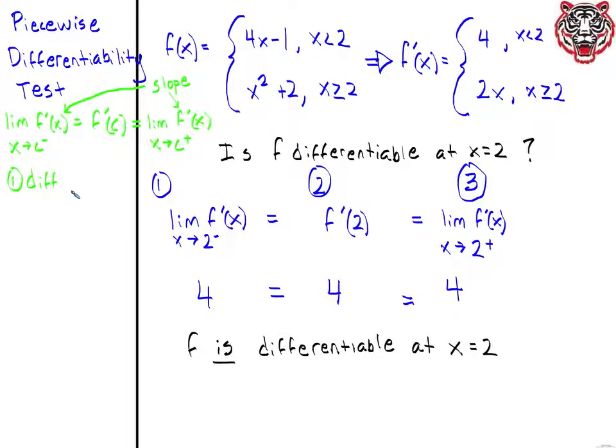This implies that we need f prime. If you hear the word differentiability, always think you need to take the derivative, or f prime. And then the second step, as Sophia said, was you take the derivative of each piece.